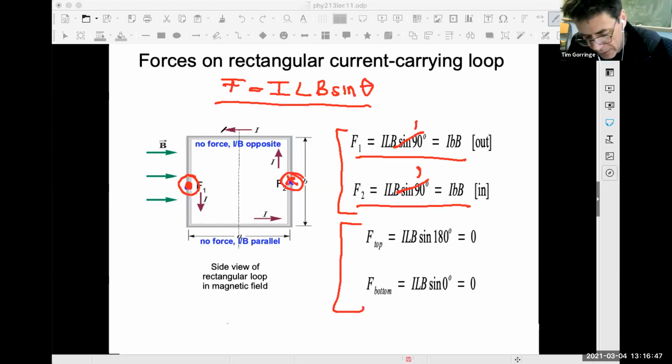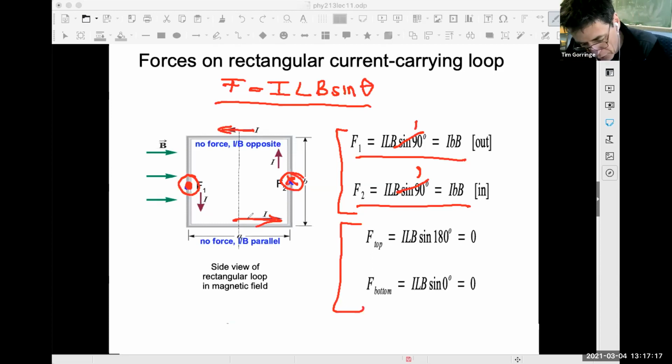So you could do the same thing for the top and the bottom. Here's the current in the top. Here's the current in the bottom. But remember, we said that if moving charged particles move in the direction of the field or opposite the direction of the field, the magnetic force is 0. That also means that if the current is in the direction opposite the direction of the magnetic field, the magnetic force will again be 0.